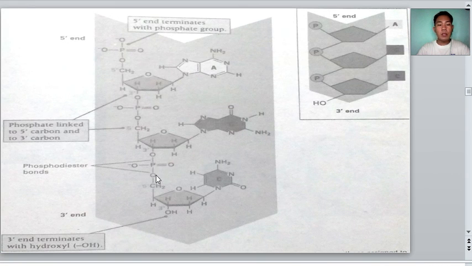Notice also in this illustration the chemical bonds by which the sugar components of adjacent nucleotides are linked together through phosphate groups, called phosphodiester bonds. The 5' end terminates in a phosphate, whereas the other end, the 3' end, terminates in a hydroxyl group.